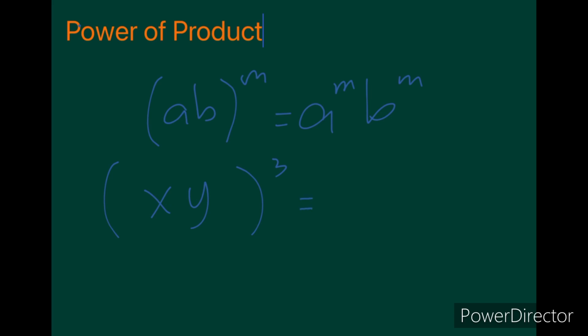So again, apply the power of a product: x cubed, y cubed. Next, the fifth power of mt is m raised to 5, then t raised to 5. So that's how to simplify the power of a product.